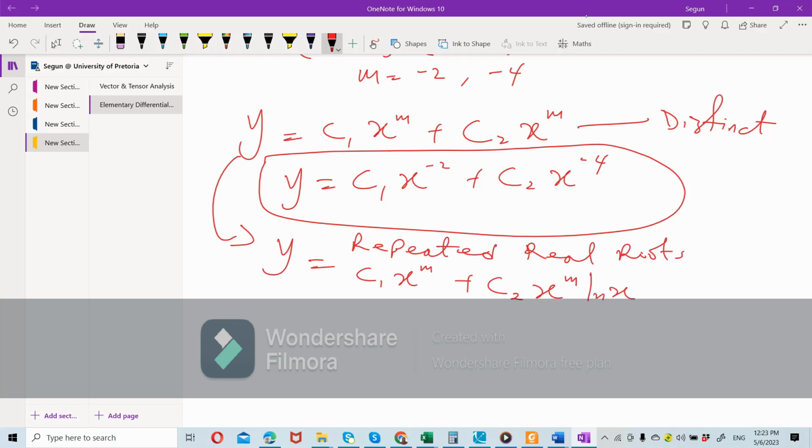So let's look at it. Number 2, we have 9x squared y prime prime plus 3x y prime plus y equals to 0.